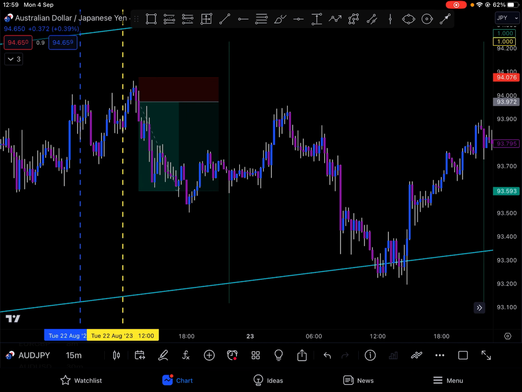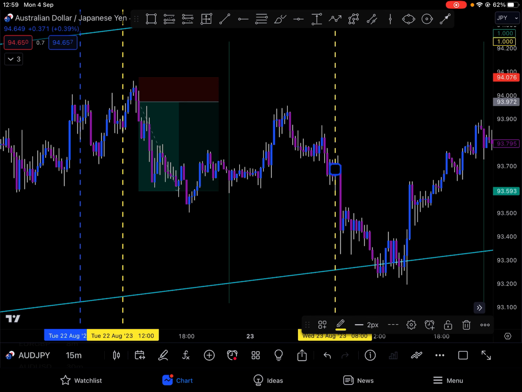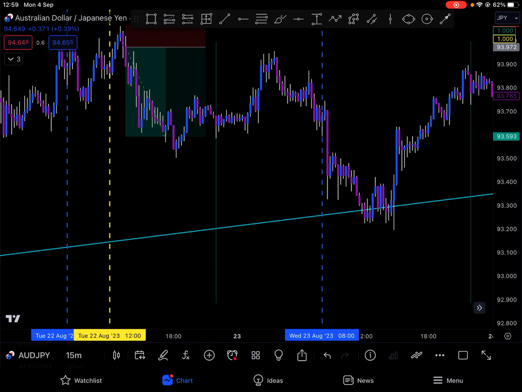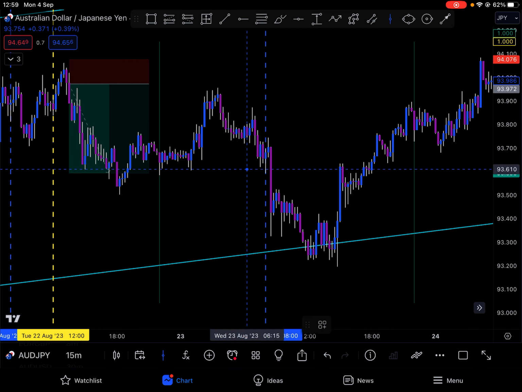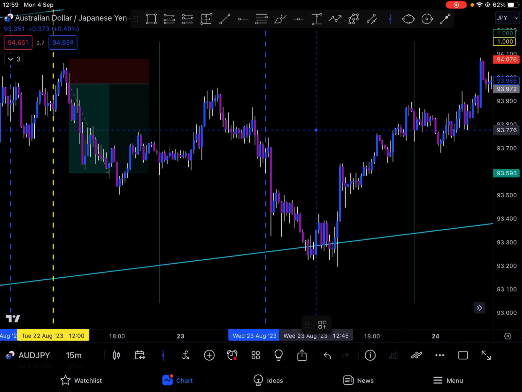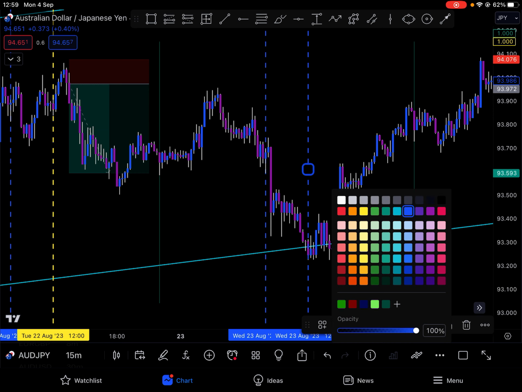So the first thing we do is we mark out our London open, 8 o'clock, over there. And I'm just gonna change the color to blue so you can differentiate between London and New York. After that, I could mark 12 o'clock as well over here.